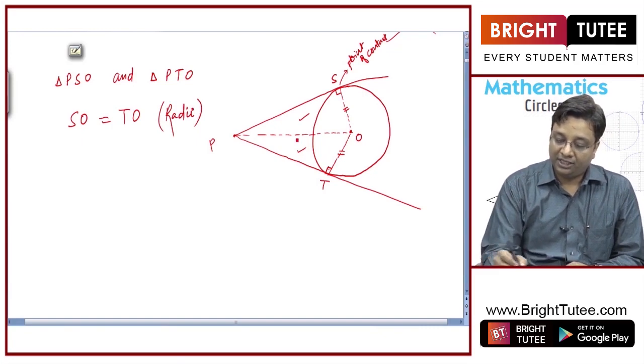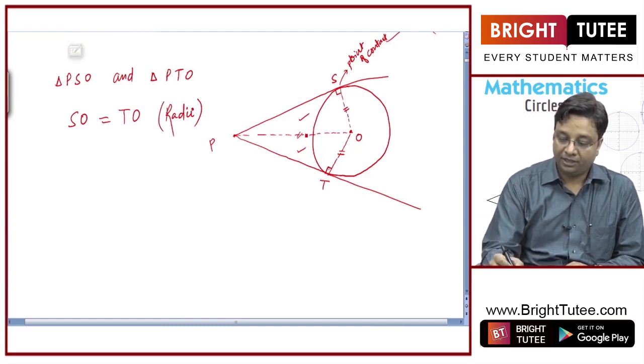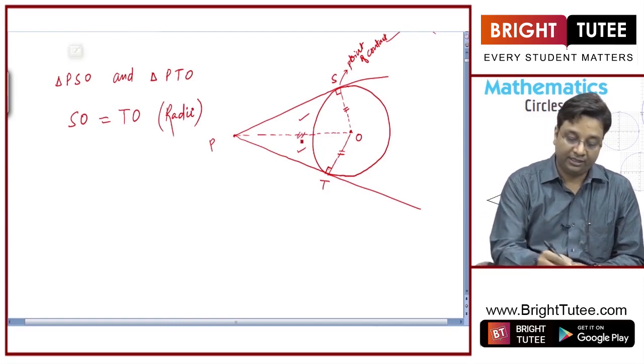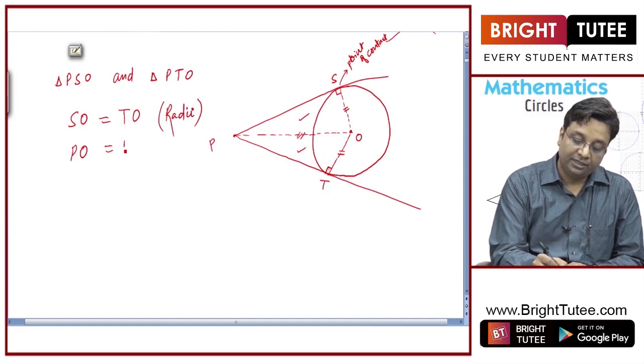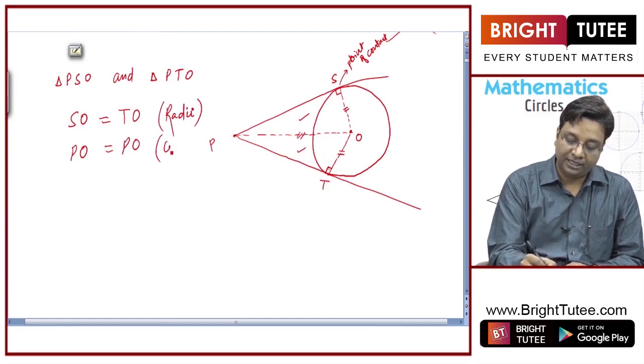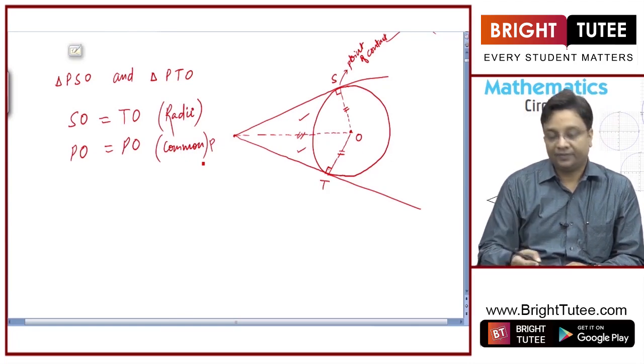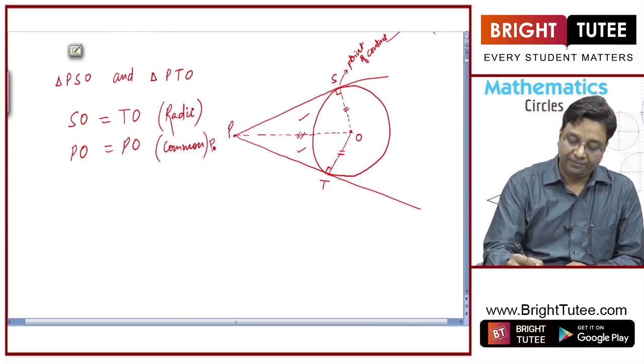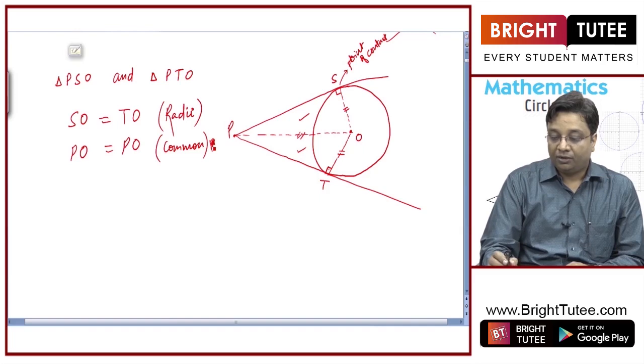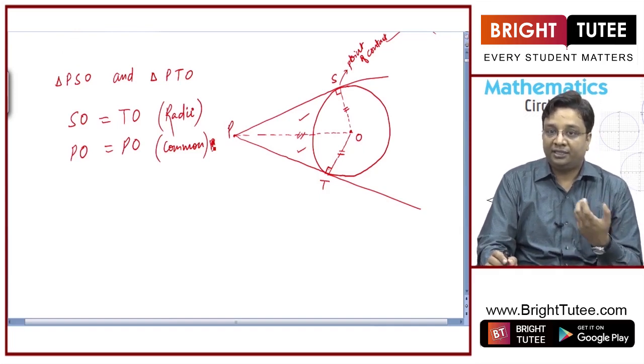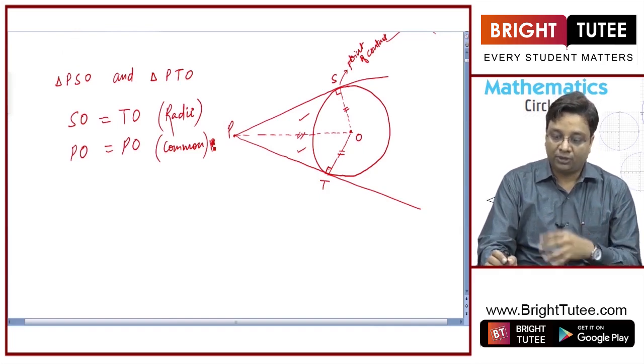Now what else is common in these two triangles? This length PO is common to both the triangles. PO is equal to PO, of course. Now what other thing can you see which is equal in these two triangles?